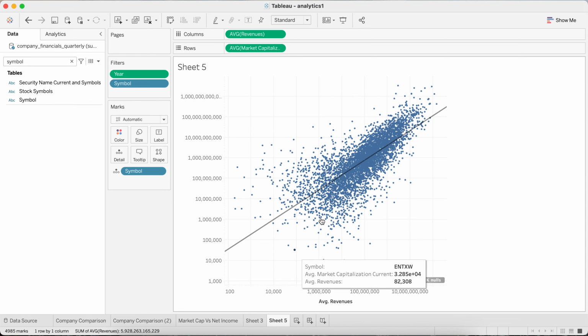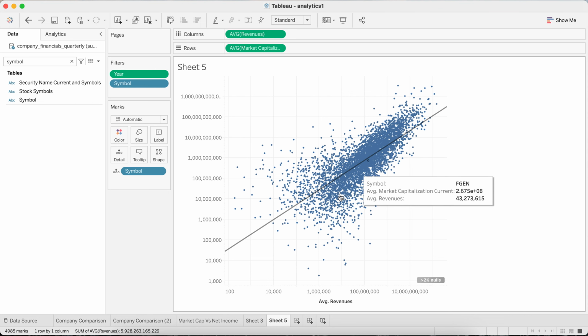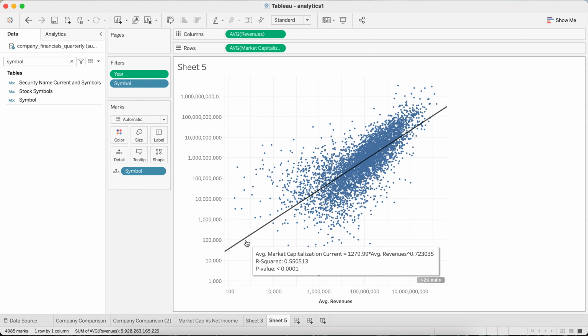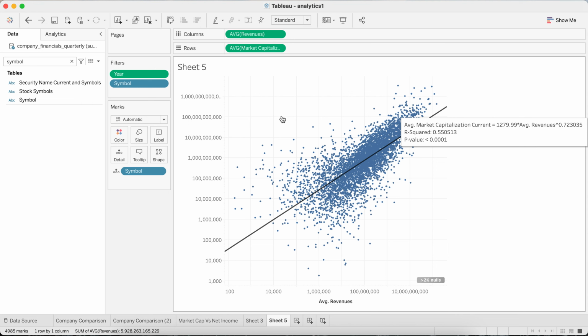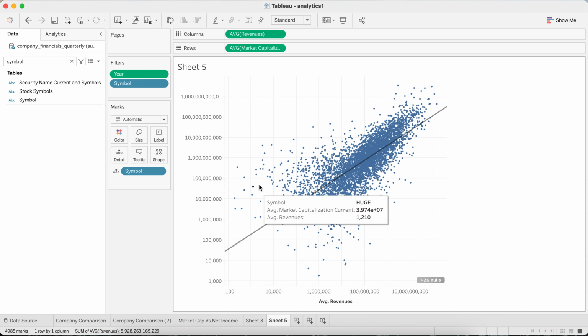So it doesn't really go through smoothly like this, which is what the intuition seems to indicate. I would draw the line more this way, and that's because we're looking at the squared error of the exponential trend here, or the power trend, and so there's some skewing going on by certain companies that have high valuations but no revenues, right? And these could be startups.